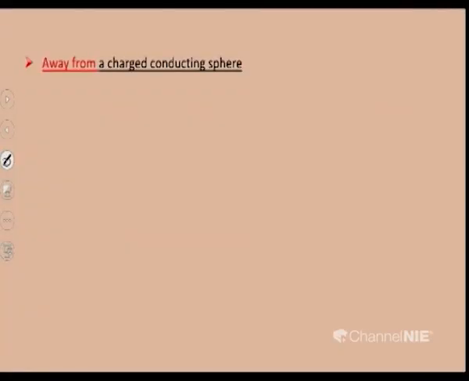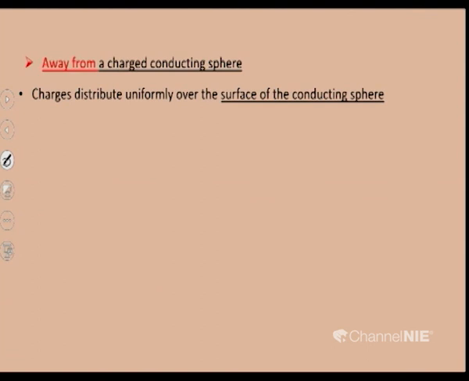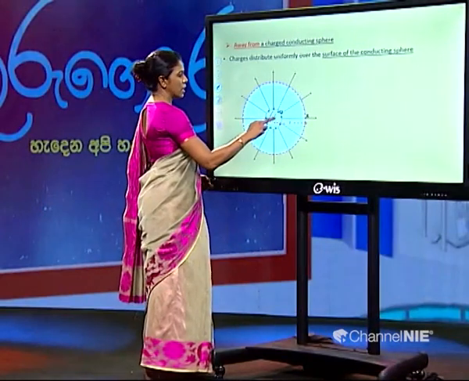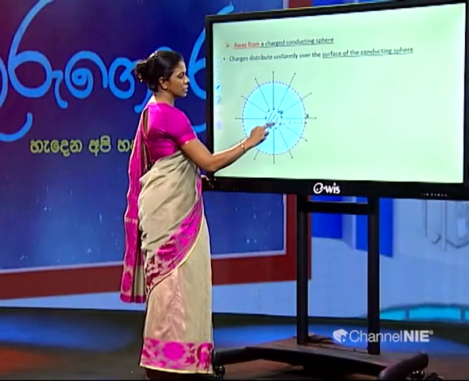So, now it is a charged conducting sphere. When we give the body a charge, the charges will always reside on the surface of the sphere, and we are first going to discuss the field intensity away from a charged conducting sphere, that is, outside a charged conducting sphere. So, let that be my charged conducting sphere.